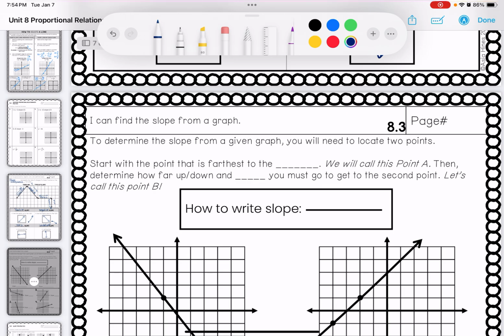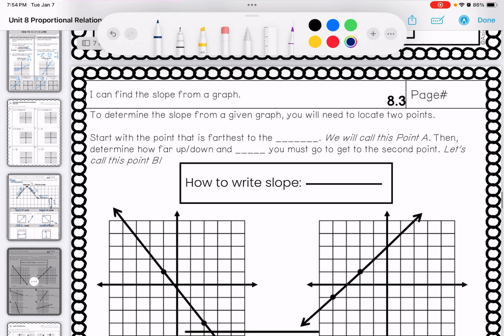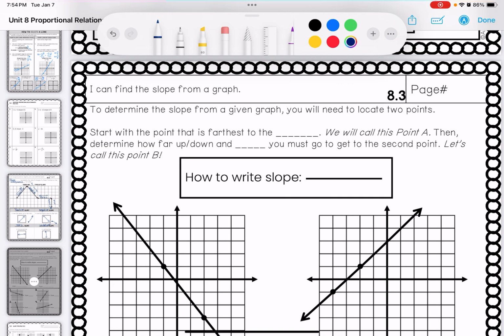To determine the slope from a given graph, you will need to locate 2 points. Technically, in order to have a line on a coordinate plane, you gotta have 2 points.